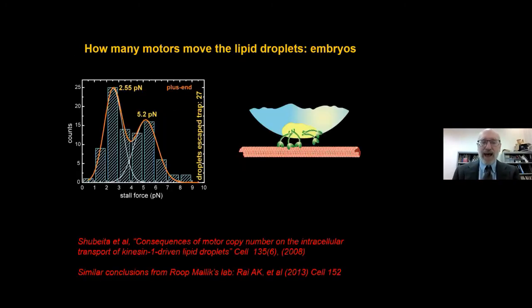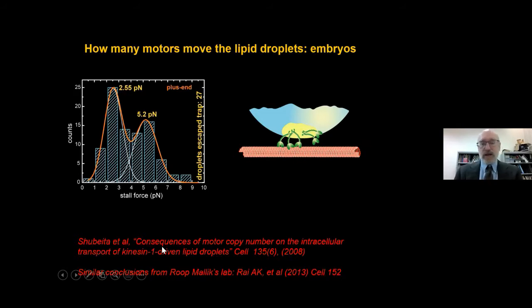And when we do that, we can measure the forces. What we discover is that there's a peak at around 2.5 piconewtons and another one at around 5. This was published in 2008 in a paper in Cell with George Shubaita, who was a postdoc, as the first author. So the conclusion is that there are multiple motors.